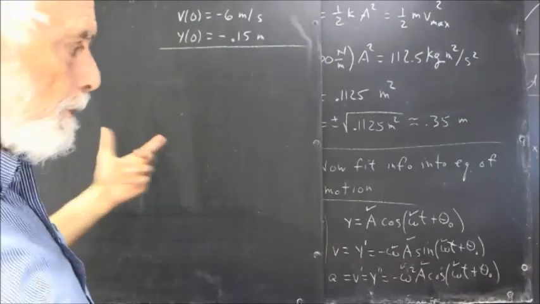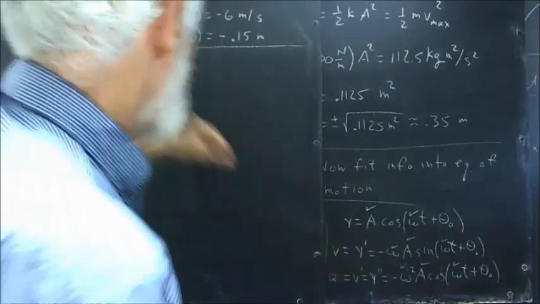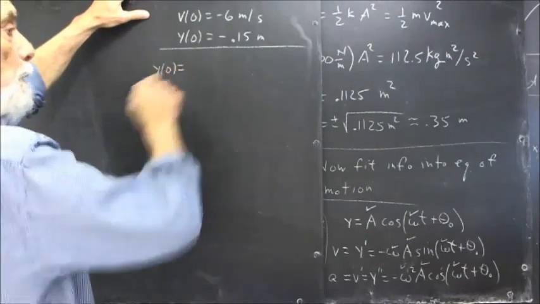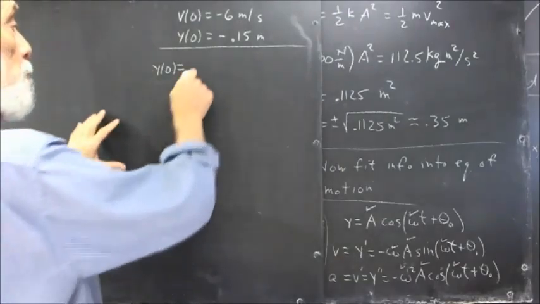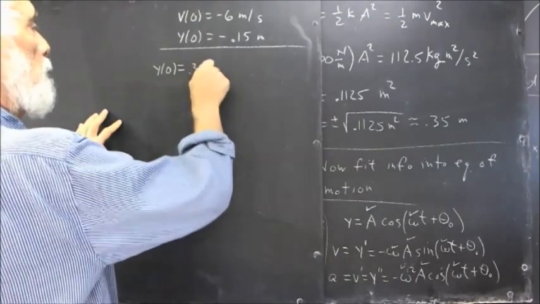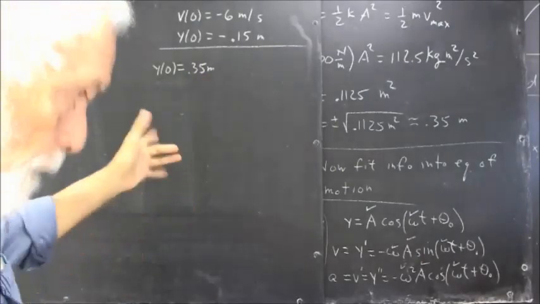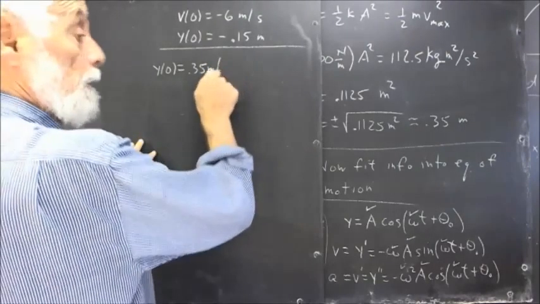I think the simpler choice is to use the y condition, and we have this equation so that y of 0 would equal A. Now we know A to be 0.35 meters. That's not an exact solution, so we're not going to get exact consistency. You can get the exact solution and check consistency as you wish, and you probably should do that.